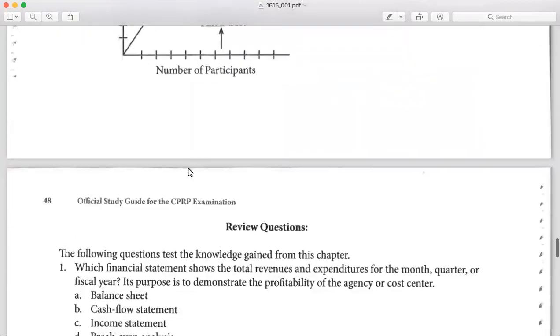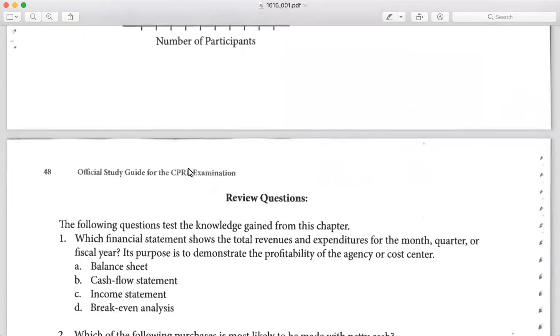This will be fun. So here's the first test question. Go ahead and put your answer in there. Which financial statement shows the total revenues and expenditures for the month, quarter, or fiscal year?